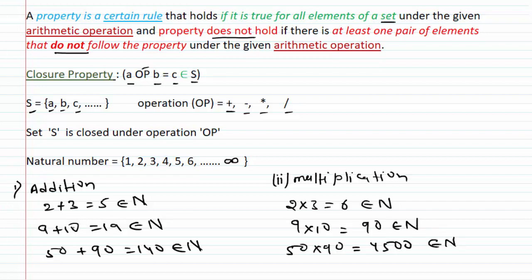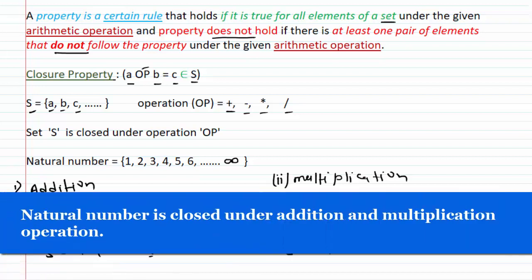Means the result like 5, 19, 140 all belongs to natural number in case of addition, as well as in case of multiplication 6, 90, 4500 all belongs to natural number under the addition as well as the multiplication operation. So we will say that natural number is closed under addition and multiplication operation.